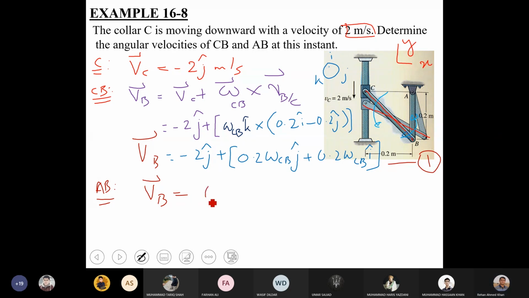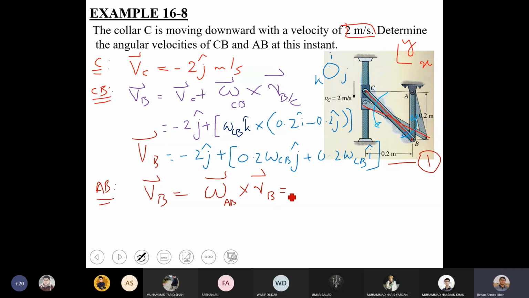Sir, omega cross r. So omega cross R, but now here omega is going to be the angular velocity of this link, which is omega AB, and R is going to be the vector RB, which defines the absolute position of B with respect to A. So this is going to be omega cross R for link AB.